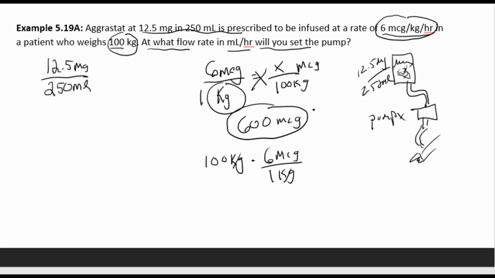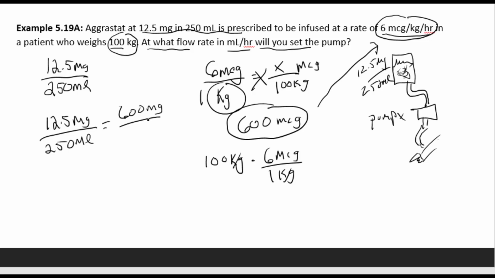So this is the hourly rate, right? We're going to try to find out how many milliliters an hour that represents. So we have 12.5 milligrams for 250 milliliters. That's proportional to 600 micrograms for every X milliliters.